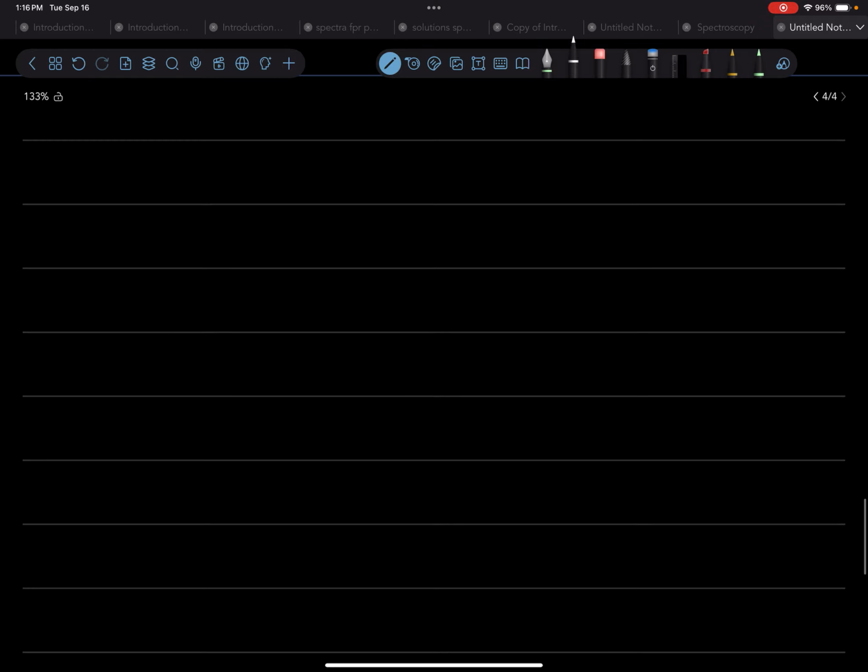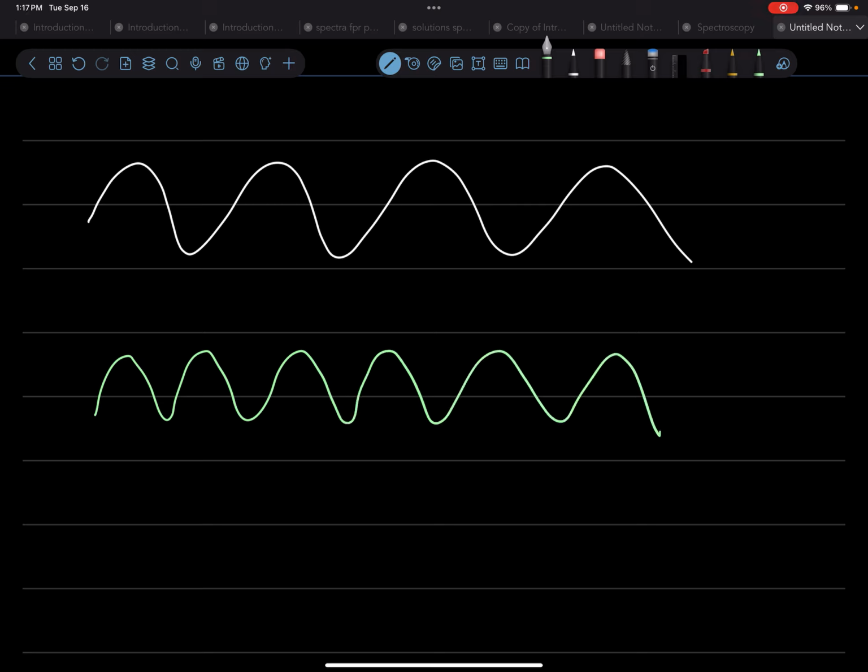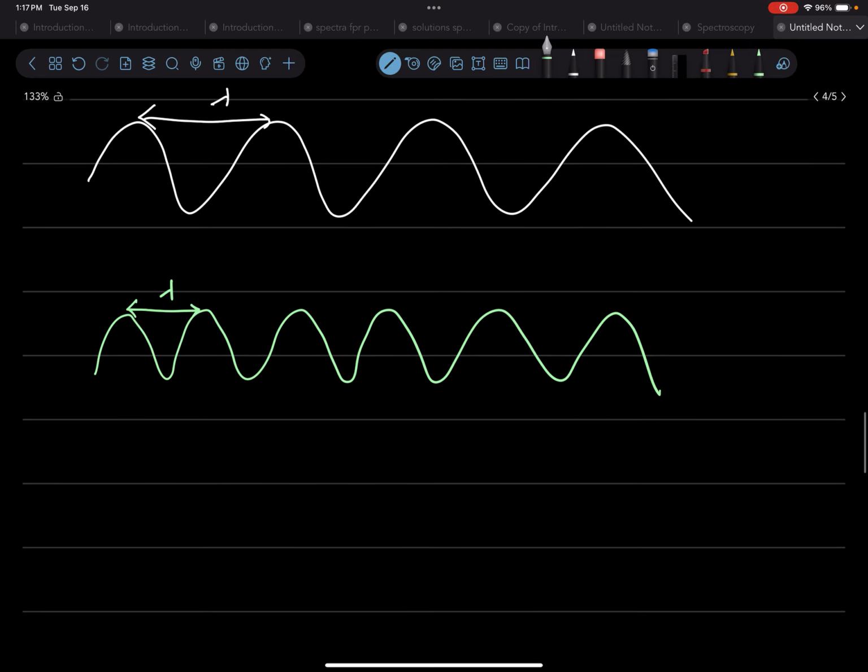Now, if I have 2 waves, one is like this and the other one is the same type of wave but different. This is the wavelength of the wave with white color. This is the wavelength of the wave with green color. Now, whose wavelength is more? The white one's is more.